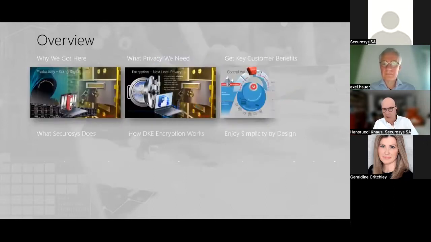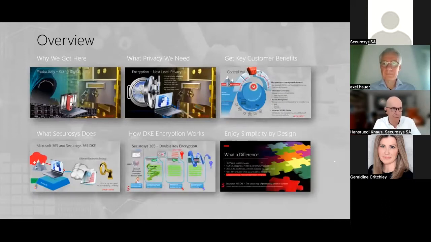So what are we looking at for the whole series, or for the whole afternoon now? First, we have a look at why we got here. So why are we talking about privacy in the cloud? Then what privacy we need, what's on now. Then how to get the benefits. What do we need to do to profit from this product?